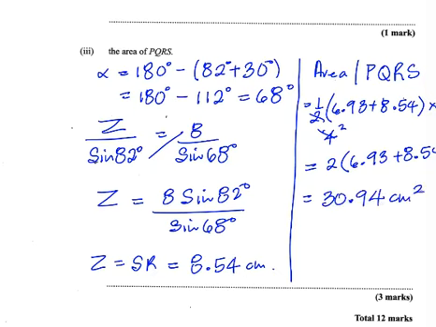So the area of PQRS is equal to 30.94 centimeters squared.